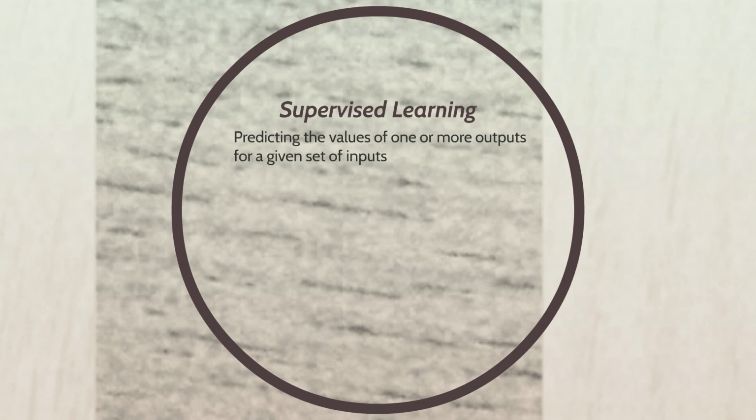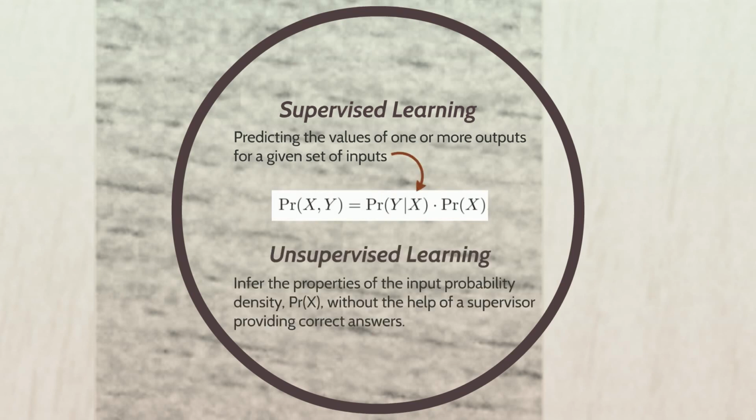So the predictions were based on the training sample of previously solved cases, and the joint values of all the variables are known. So this is called supervised learning, or you might hear learning with a teacher. In this video, we'll address the alternative, which is unsupervised learning, or learning without a teacher.